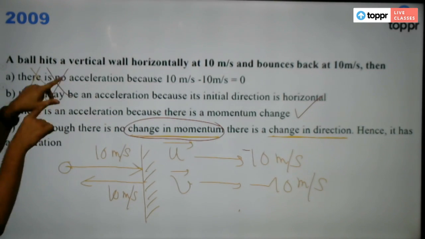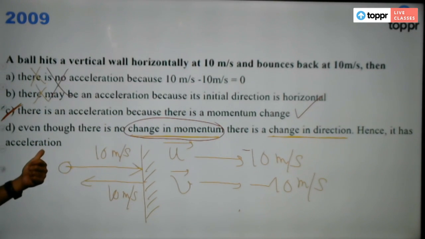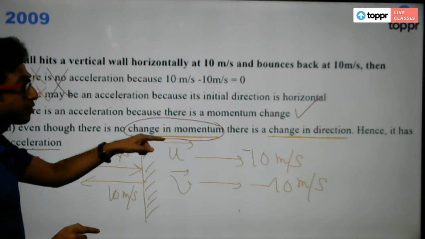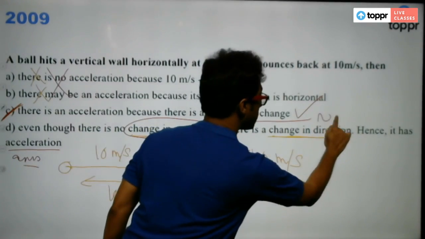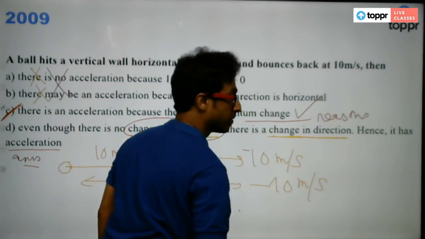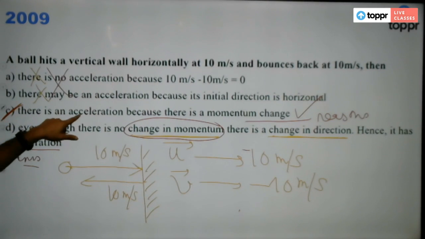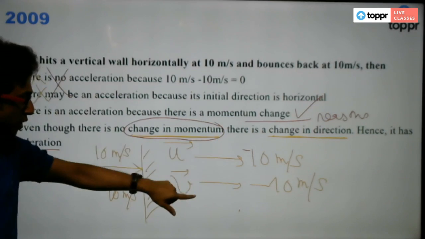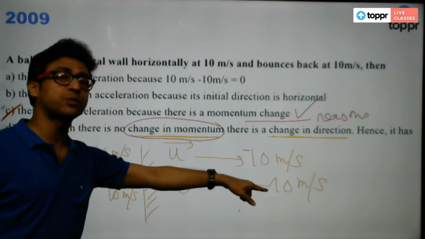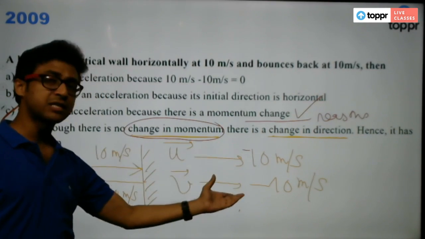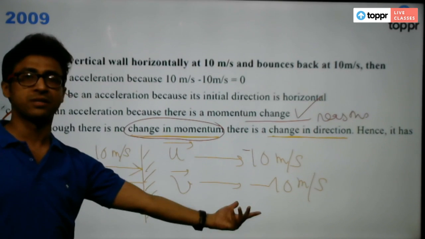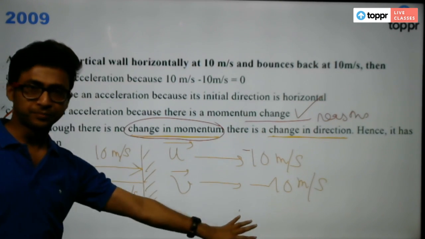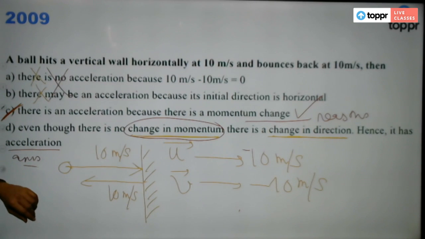So what we have to keep in mind is not just the answer, but the reason. This is the answer, and these are the reasons. Both need to be right. There is an acceleration, yes, because there is a momentum change, yes. Why momentum change? Because velocity is actually changing. When the direction changes, it means velocity is changing, it means momentum is changing. Clear? Moving on to the next question.